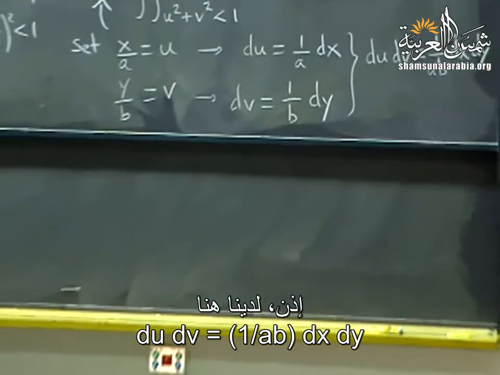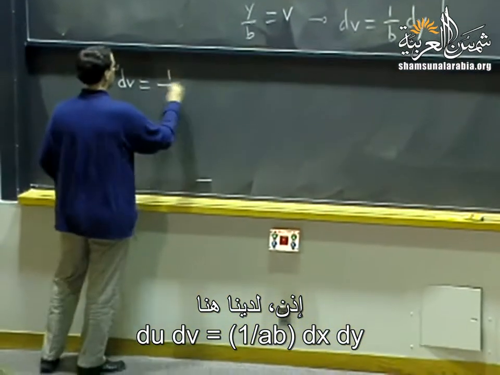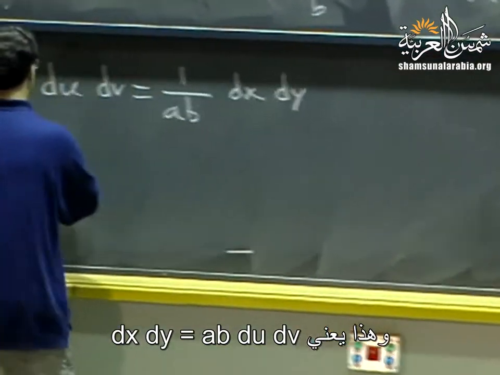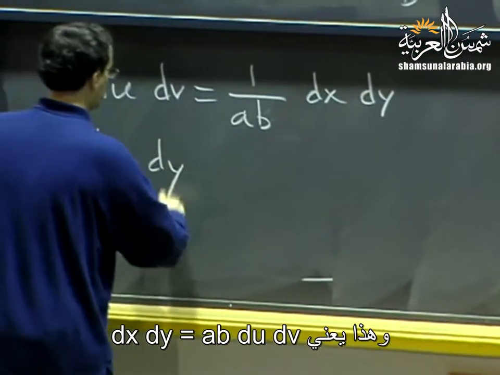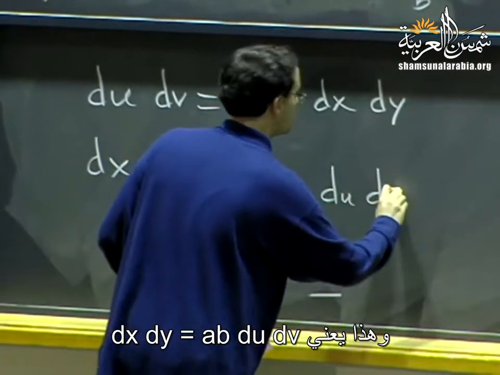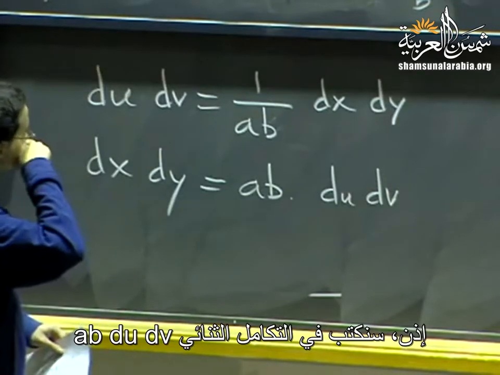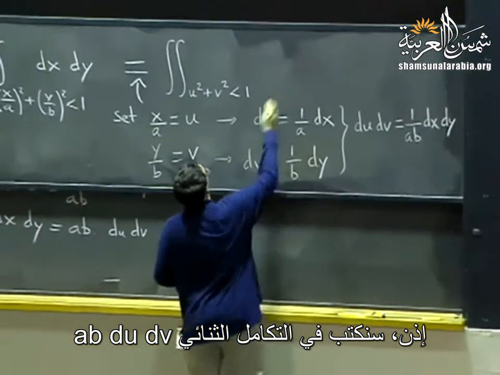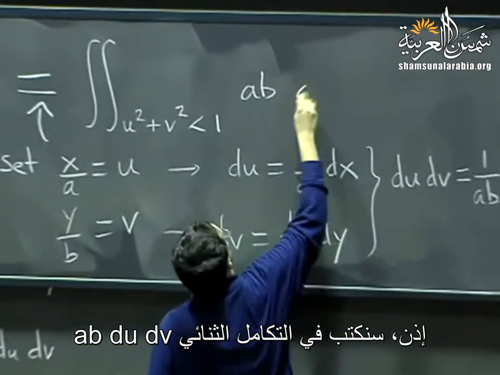So I get du dv equals 1 over AB dx dy, or equivalently, dx dy is AB times du dv. In my double integral, I'm going to write AB du dv.